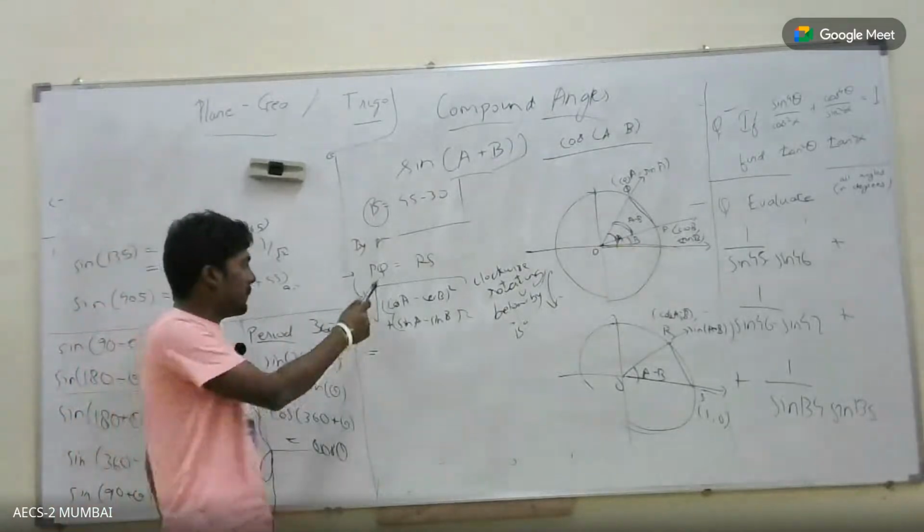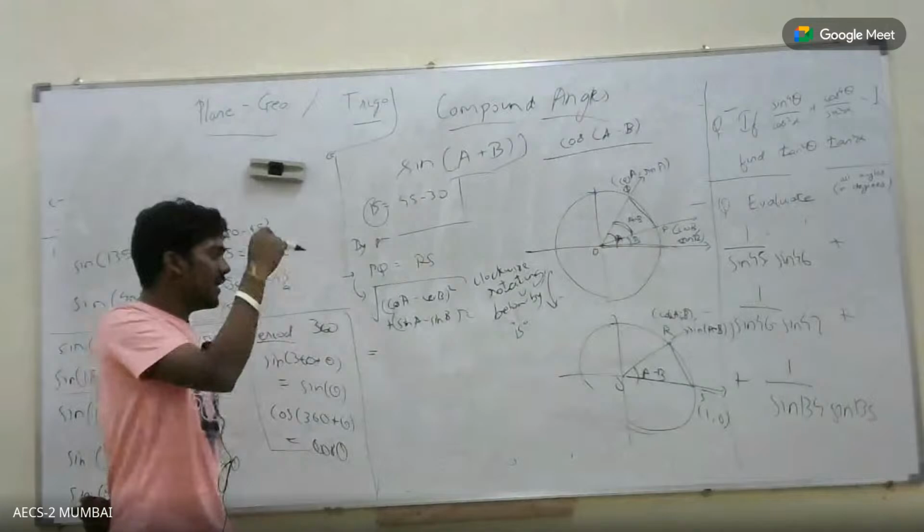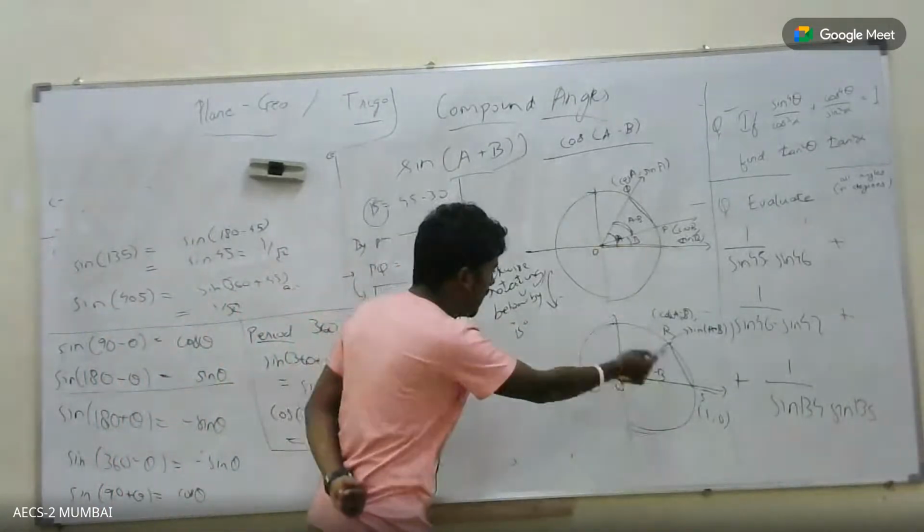You have that on one hand, PQ is equal to RS, so square root of (cos A minus cos B) the whole square plus (sin A minus sin B) the whole square is equal to the length of RS. Now what is the length of RS?